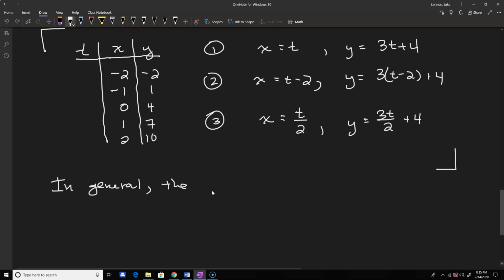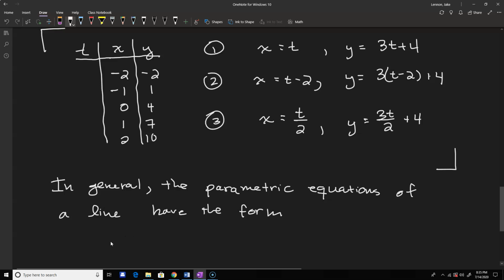The parametric equations of a line have the form x equals some x0 plus at, and y equals some y0 plus bt.